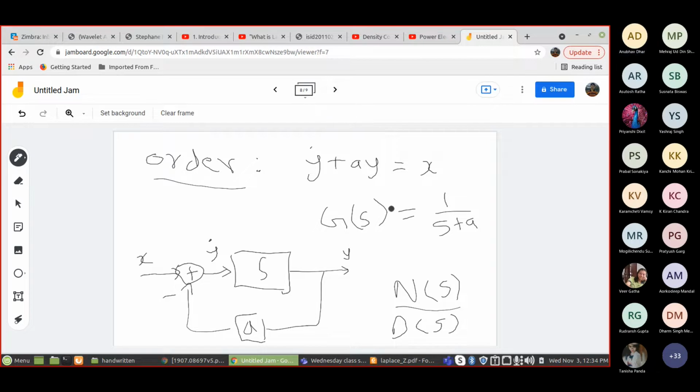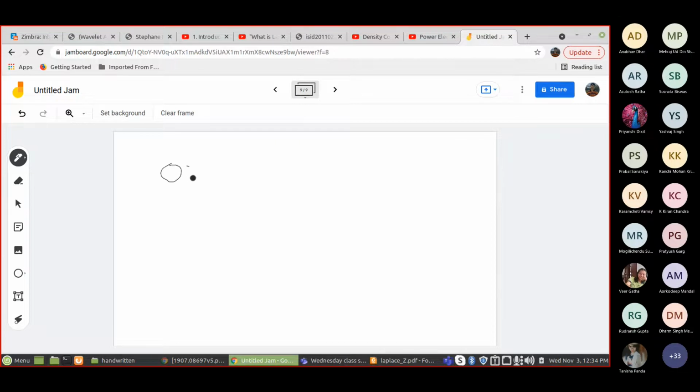Sir, could you please explain what is the relation between order and transfer function once more? Yeah. Order is the degree of the denominator polynomial in the transfer function representation.